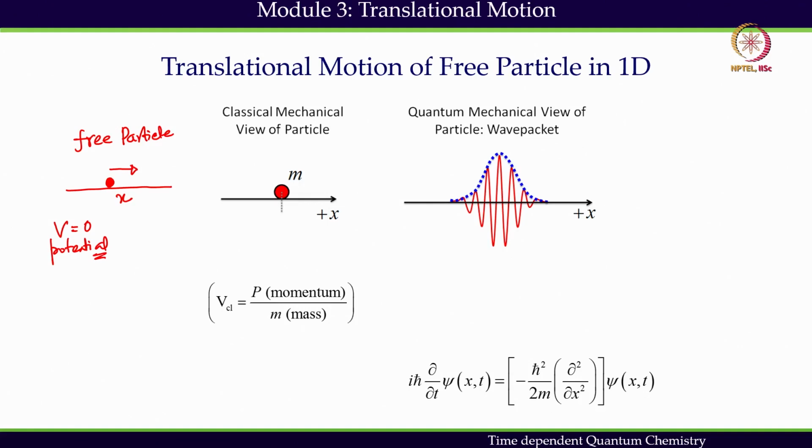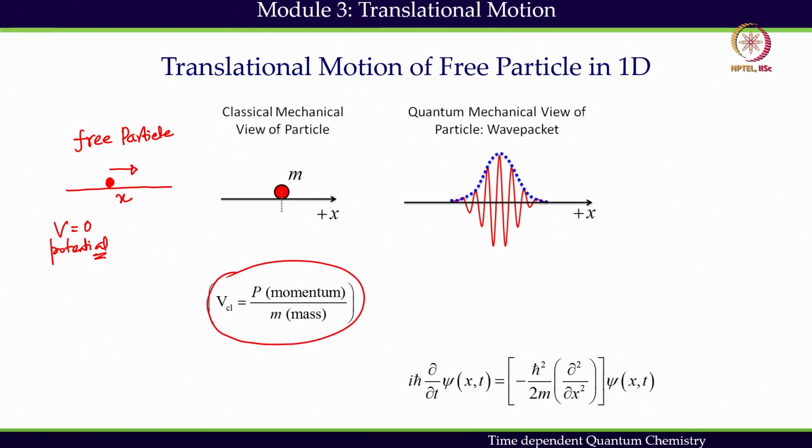It will just move without any restriction and will have a constant velocity, and classical velocity is given by momentum by mass, that we are familiar with.